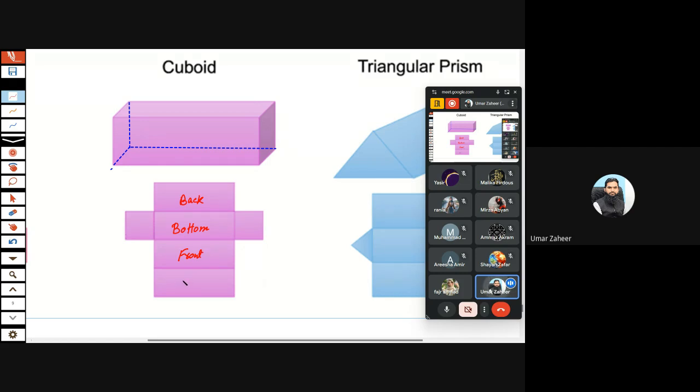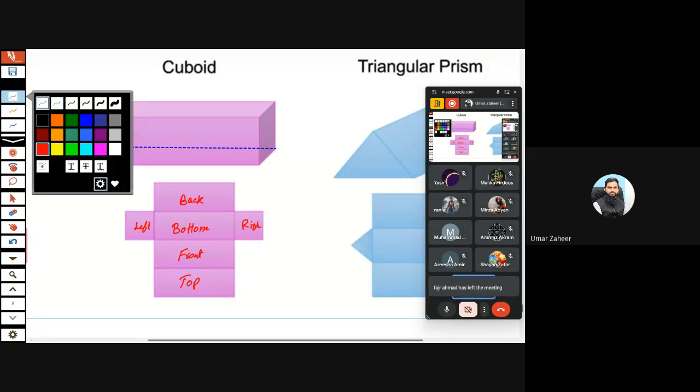Yes, Rania, it's the top. It is your top side. Yes, Muhammad Ibrahim, it is left. And this is your right.